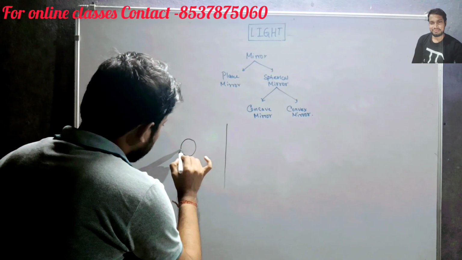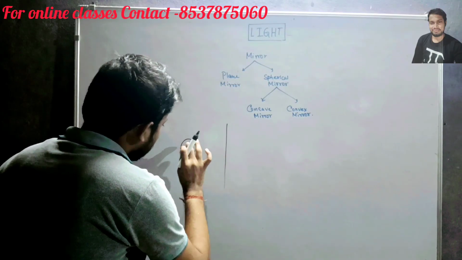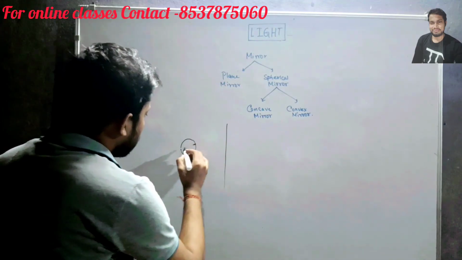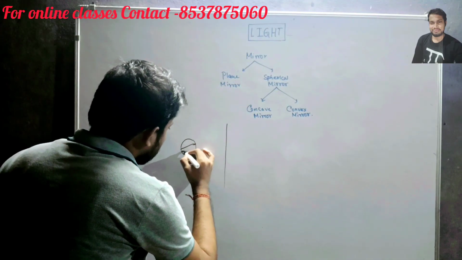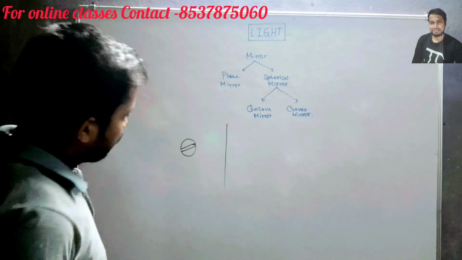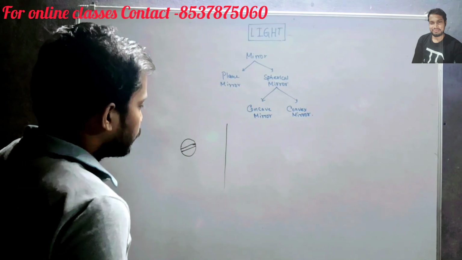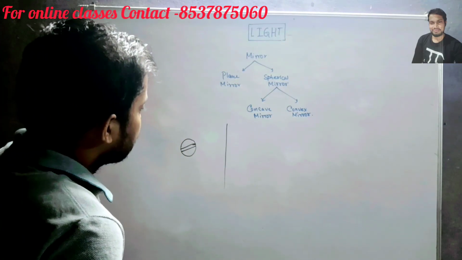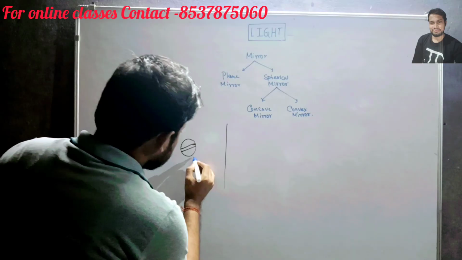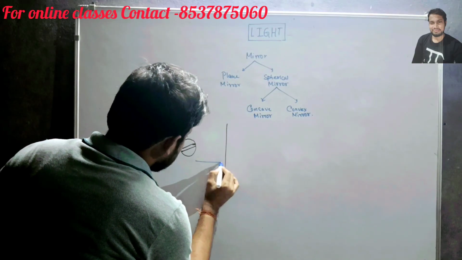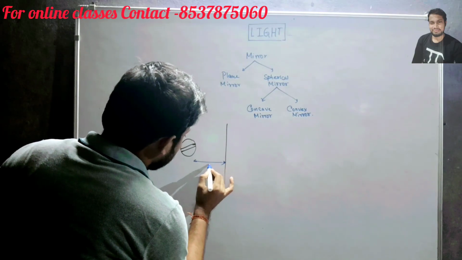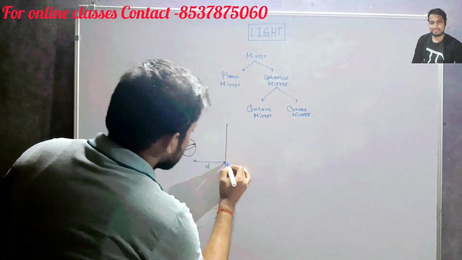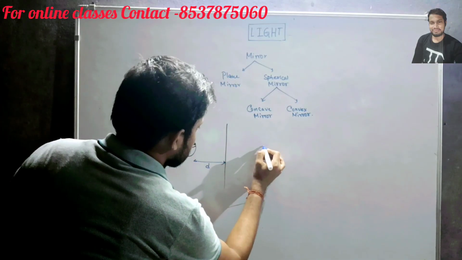This is the object. If the image is formed, let's say, here, and the distance of the object from this mirror is D, we get an image at distance also D.